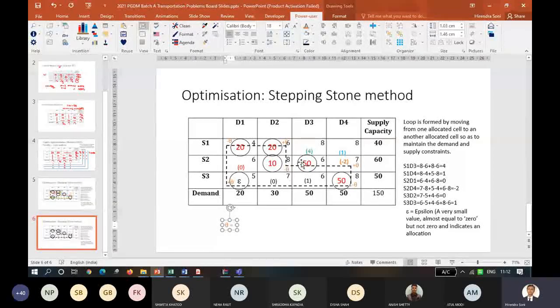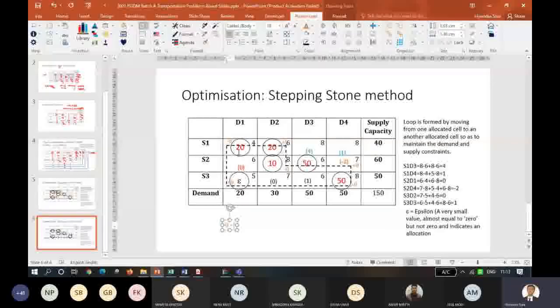The in-between cells we will not consider. Yes, it will get added here. So I will have an allocation of 10 units here. Here 10 will be subtracted from 50, and here 10 will be added to epsilon. So if I add 10 to this epsilon, this becomes 10 plus epsilon. This becomes 10.